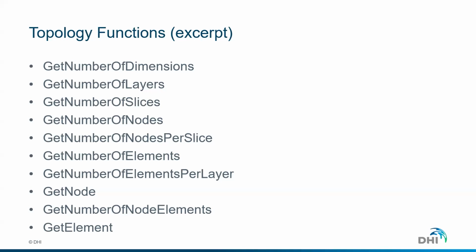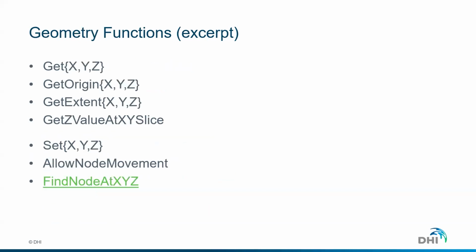So there are functions to get this basic information, like how many dimensions the problem has, so whether my model is 2D or 3D, how many layers, slices, and nodes I have, so that you can loop and iterate through different methods to get information. If you have the node, you can ask, give me the coordinates of the node, or give me the nodes connected to a specific element. So this could be get number of node elements or get the element.